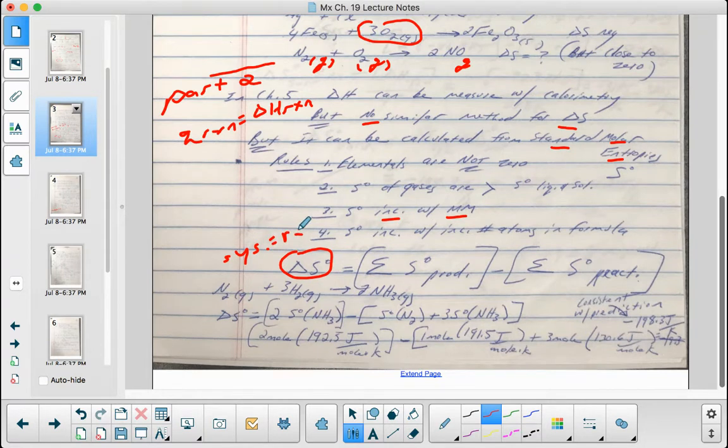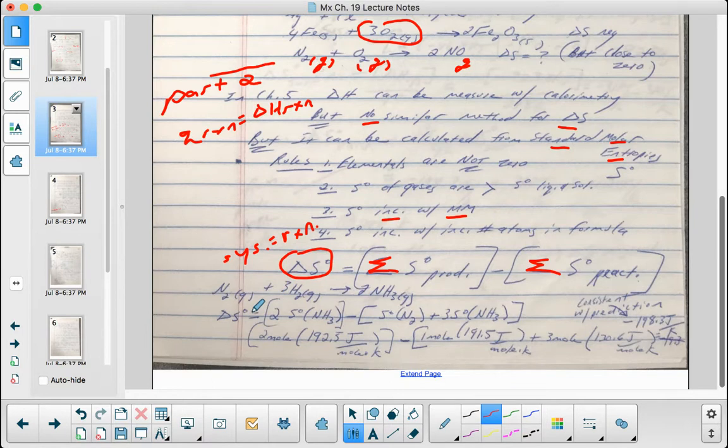And so to find that, you would just use that same table that you used for finding delta H's, but there's a column for entropy, and it's that Greek symbol for sum of, the sum of the S's of the products minus the sum of the standard entropies of the reactants. So the same format for the formula, it's just you're pulling your numbers from a different column.